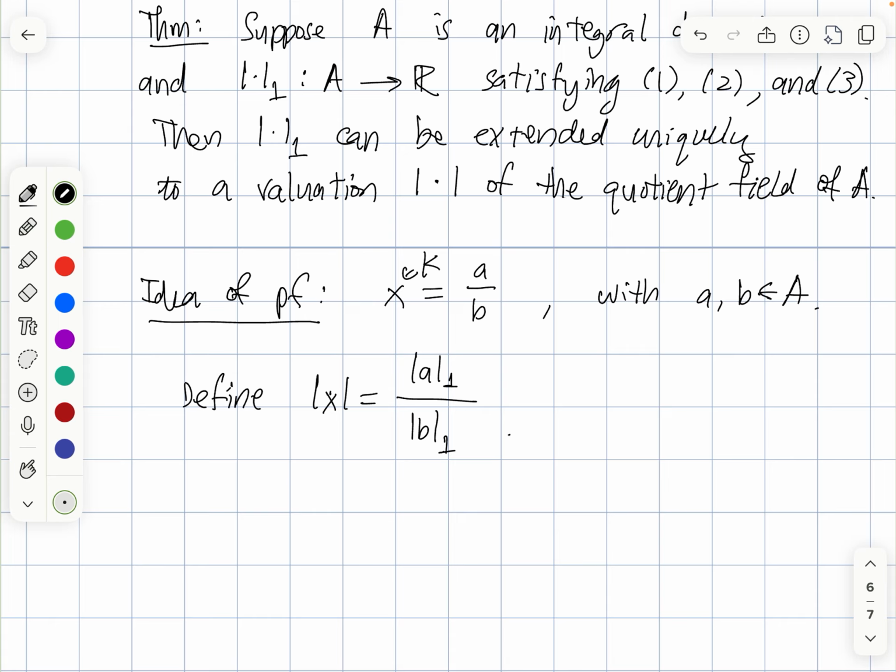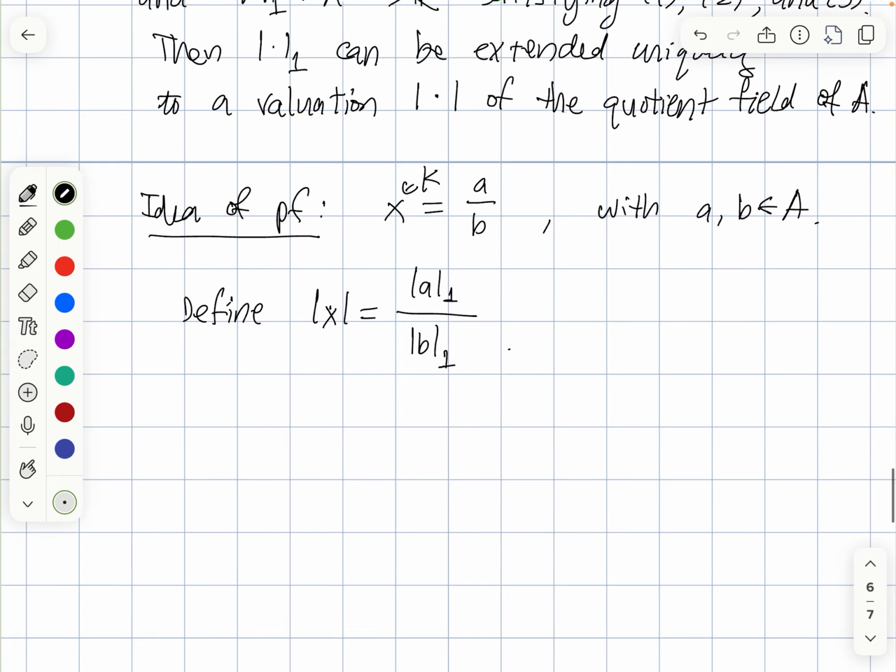And then you check, well, certainly one is required to define it this way in order for the map to extend to a valuation.